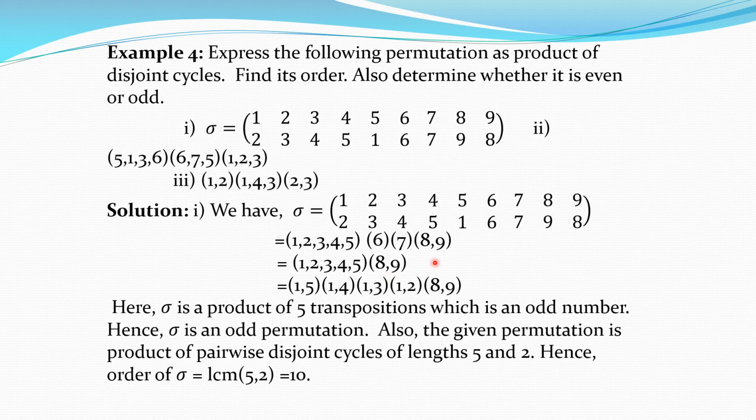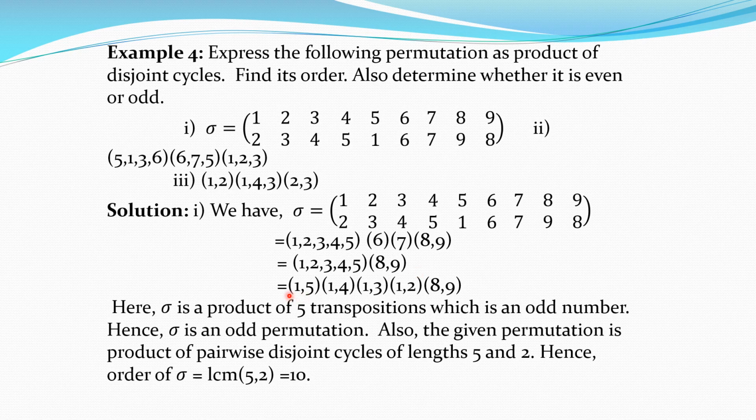Now, we have to decide its order also. Sigma is not a single cycle. So, to find its order, each cycle in the transposition form is of length 2, but we can't consider this part, because whenever we have to find the order of a permutation, we have to consider that permutation expressed as a product of disjoint cycles.